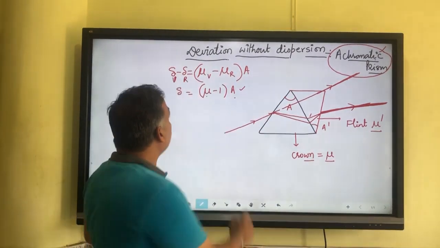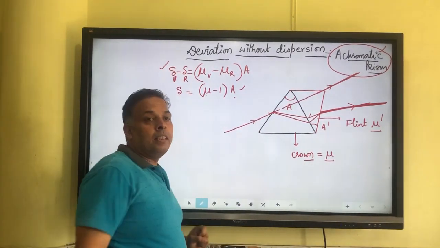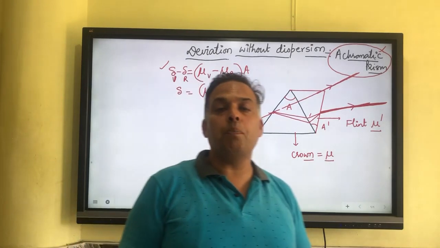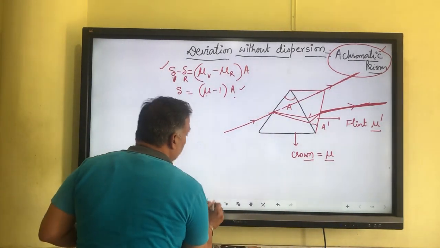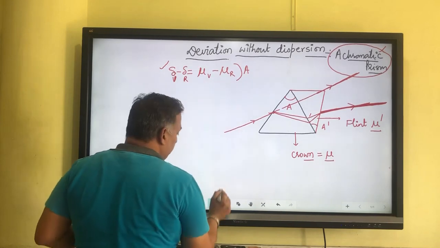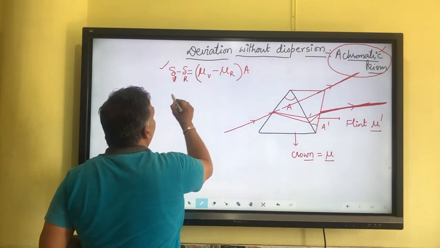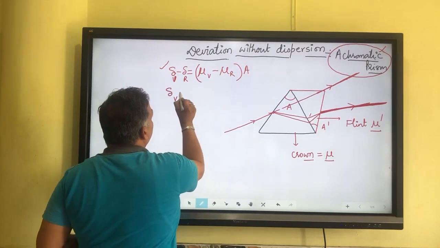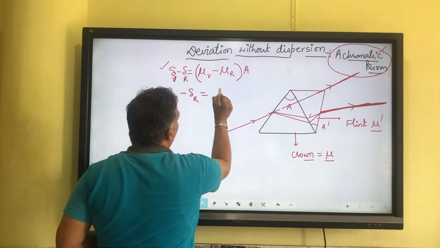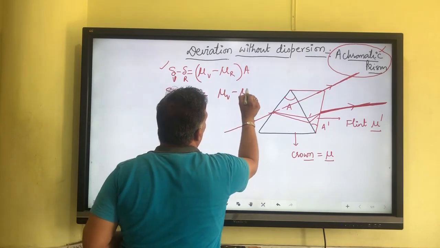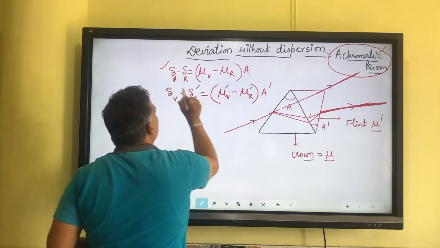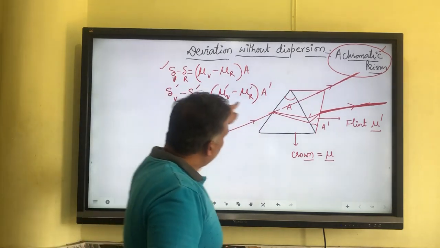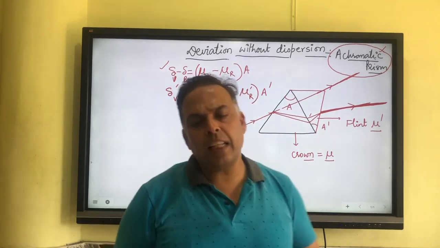Here, this is the dispersion produced by one prism. And for the second prism, it is mu V dash minus mu R dash into A dash. This is the dispersion produced by the other prism.